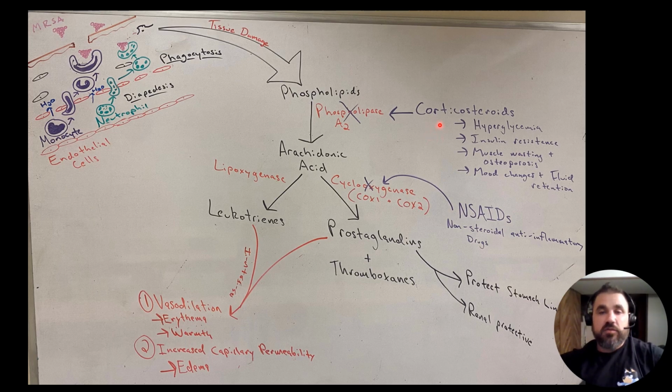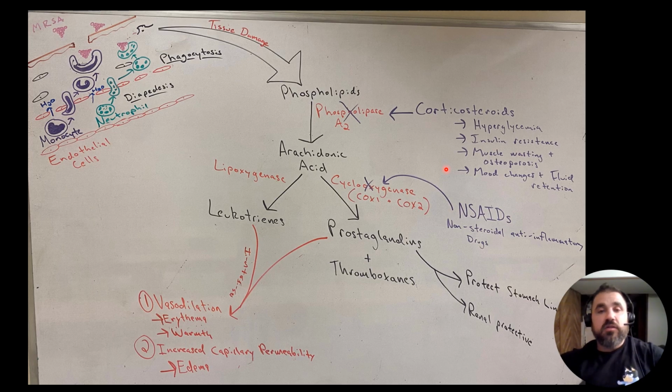It's a stress hormone, so you don't want high levels of it from a pharmacological standpoint because it's going to lead to hyperglycemia and over time insulin resistance, which over time leads to type 2 diabetes. It can cause muscle wasting, break down your skeletal muscle tissue, even lead to osteoporosis. These also have psychiatric effects, and if they have aldosterone-like effects, they'll make you hold on to fluid as well.